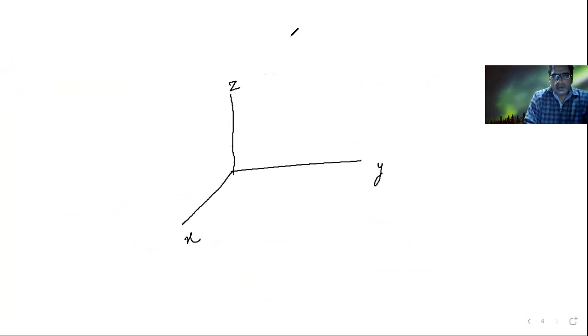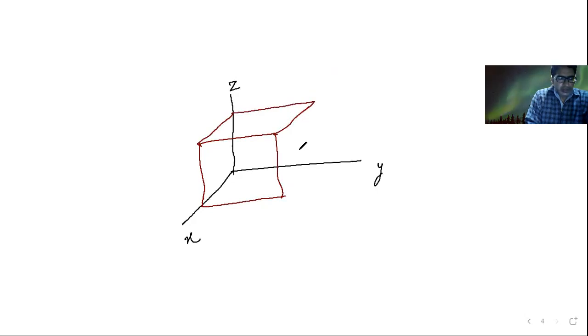Then the figure is like this. Now it's done.